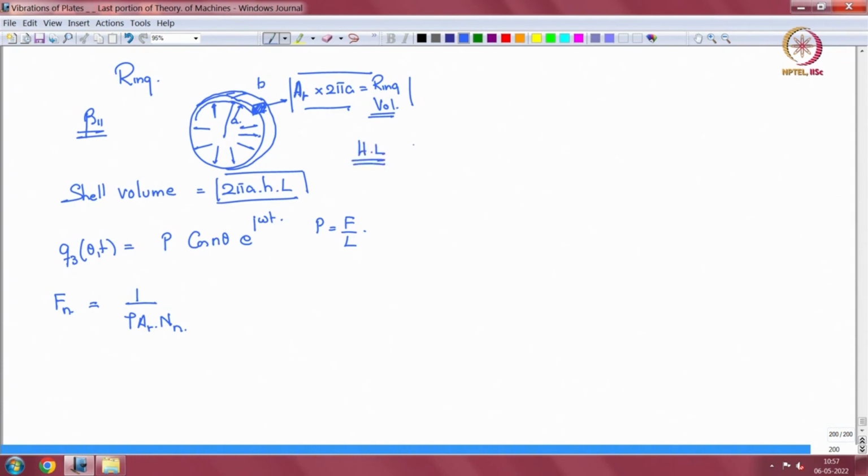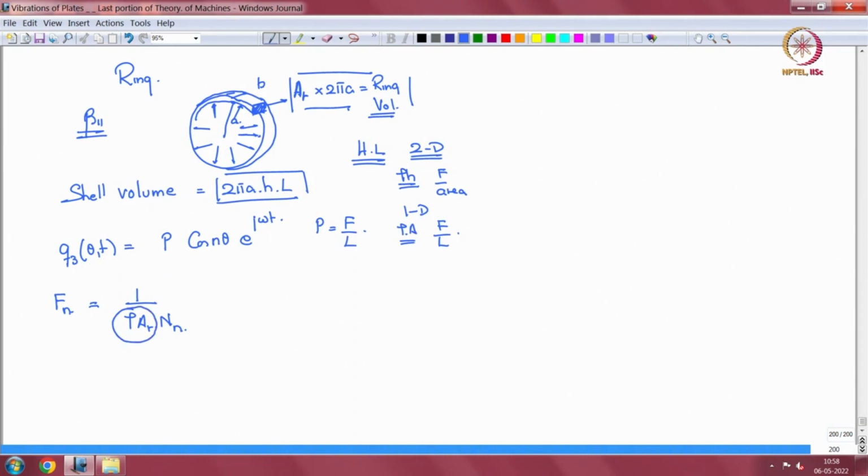We have throughout been seeing 2D surfaces where it is mass per unit area and force per unit area. The moment you come to 1D, it is mass per unit length and force per unit length. So here this part has to be mass per unit length instead of rho h.